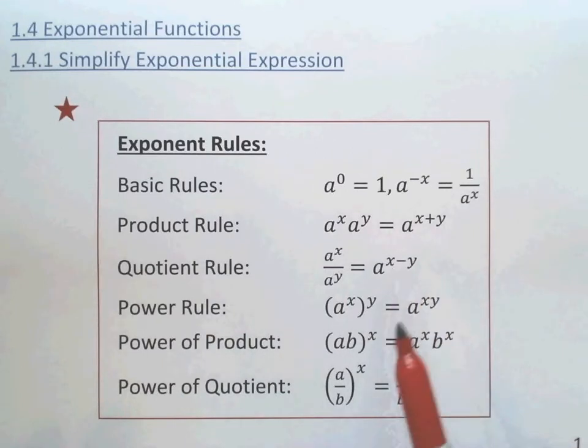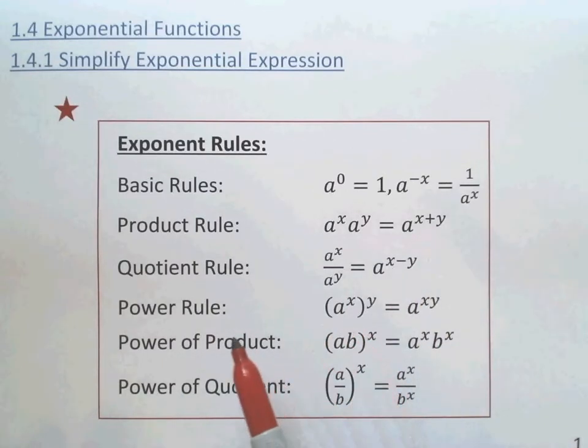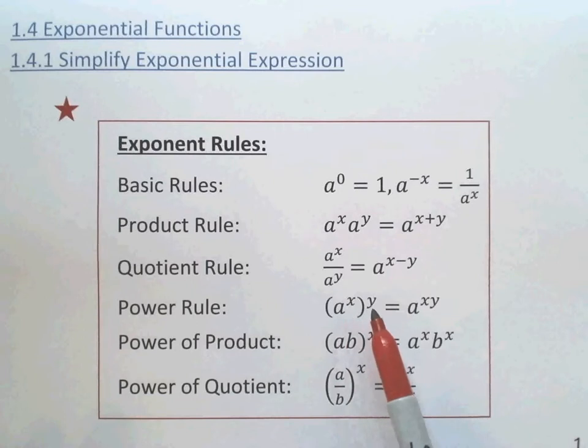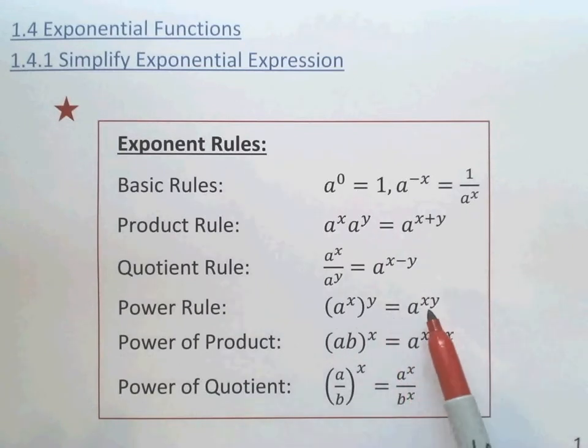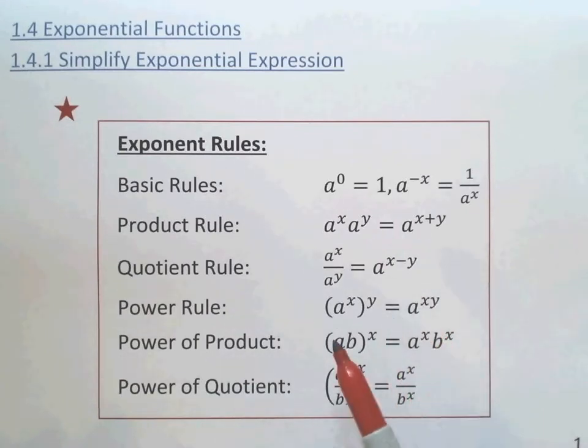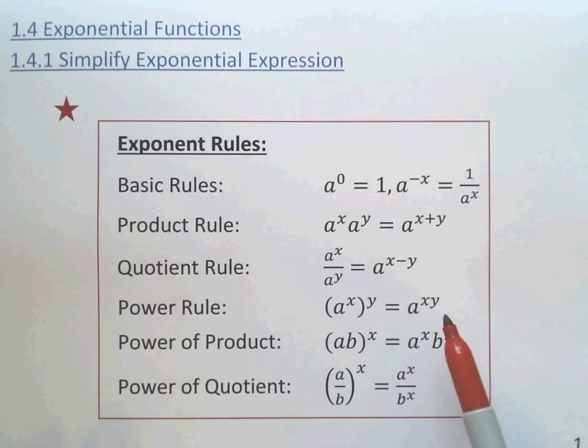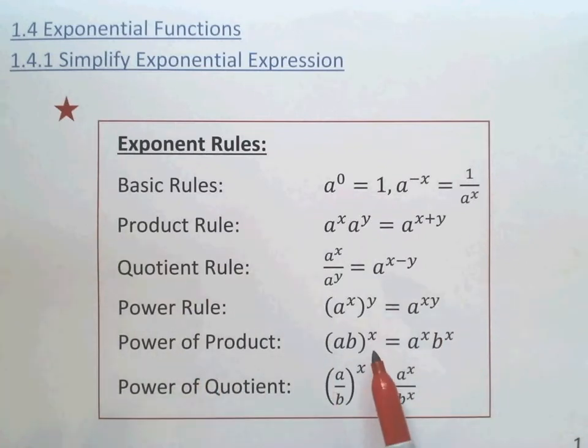Next, if a to the y is raised to another power x, we call it the power of a power. So the power rule is to do multiplication. We are not going to prove this; you learned it before already. And we have another: x is a power of a product. It's like distributing x to a and distributing x to b.